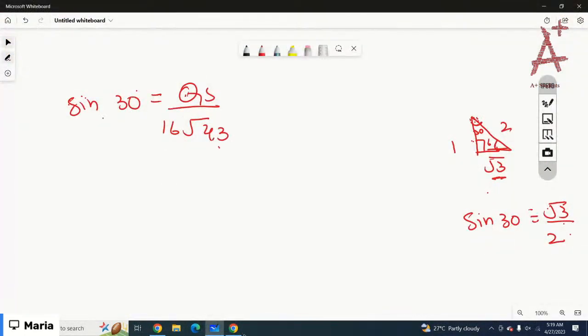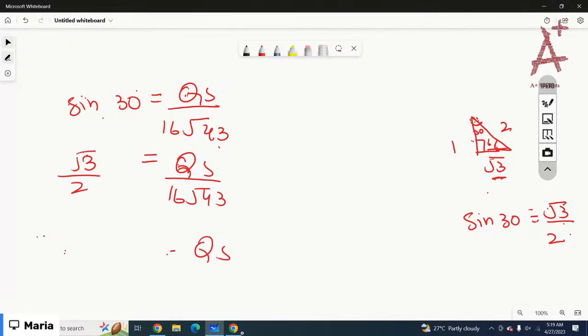And we just calculated in the special triangle, sine 30 is square root 3 over 2. So here you have square root 3 over 2. Got it? Just cross multiply and solve. It would be then QS equals square root 3 times 16 square root 43 divided by 2.